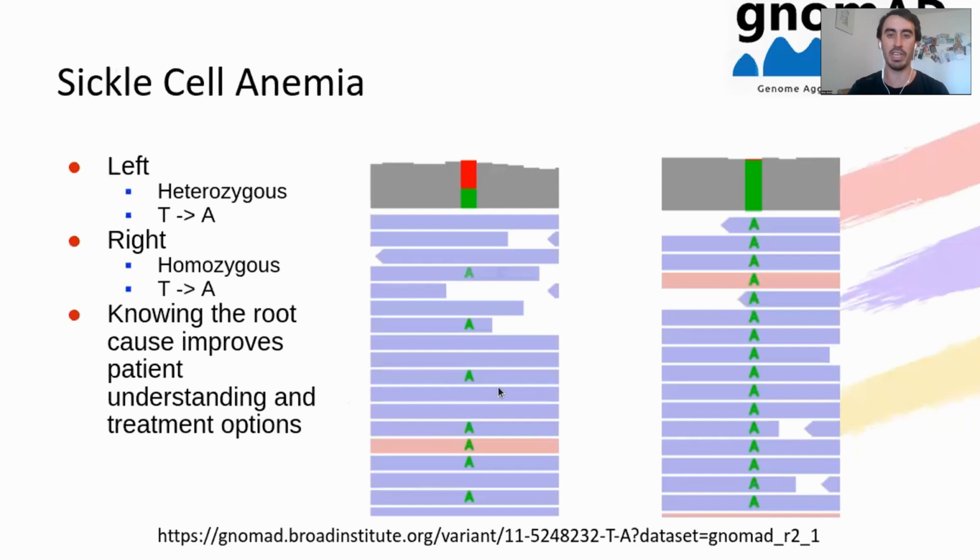All we can see is the evidence and distribution. So we expect that in a homozygous patient, we would see all of the same nucleotide at a particular position. And in a heterozygous individual, we would see a mix of the reference, red or unshown, and the variant A in green.